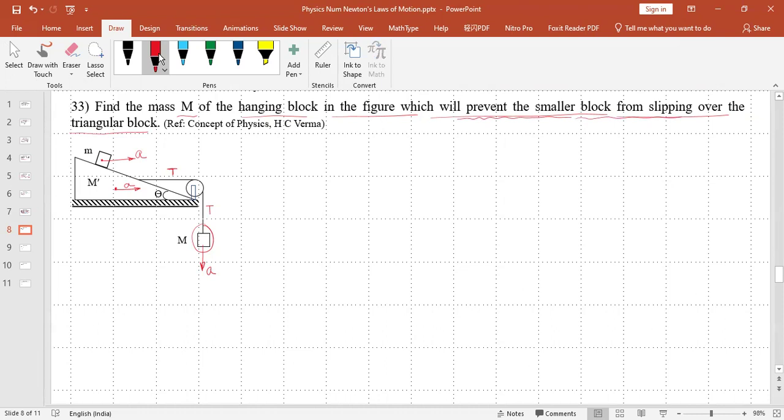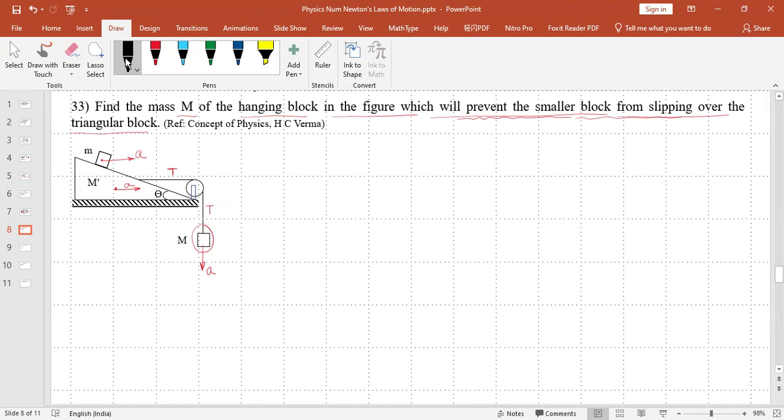That means the value of capital M will be such that the small block, small m, will not slip and it will have the same acceleration as the main triangular block M dash. See how we solve this problem one by one.